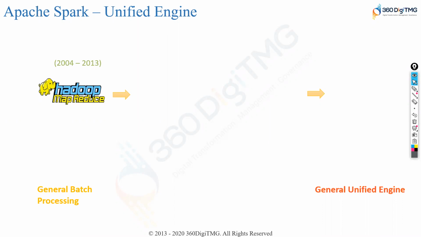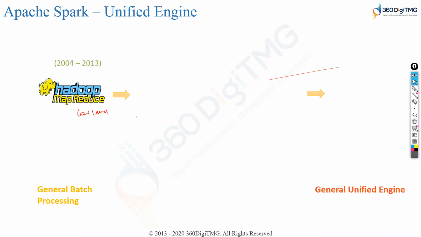MapReduce is a low-level language. That is the first thing. Hence, we have third-party applications like Pig, Hive, Sqoop, etc.